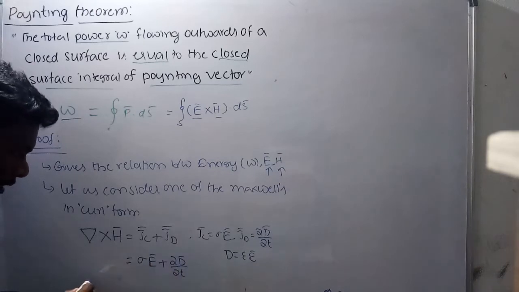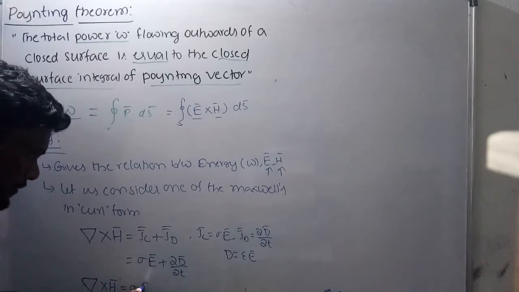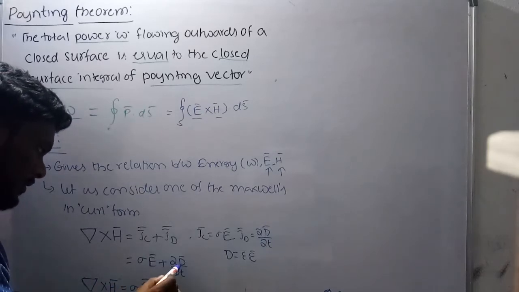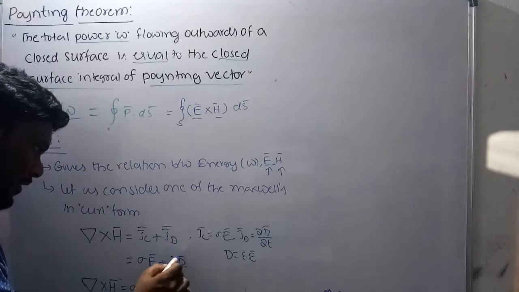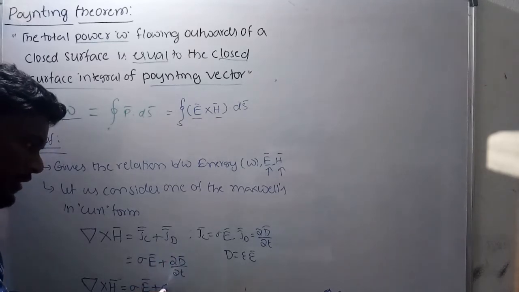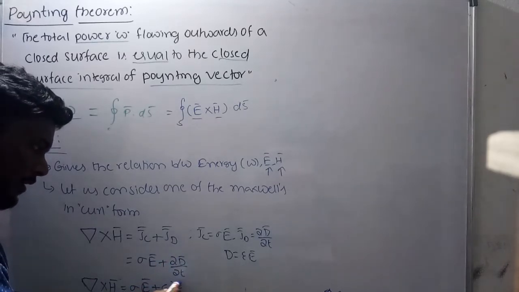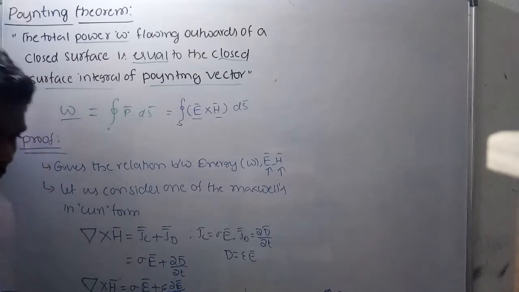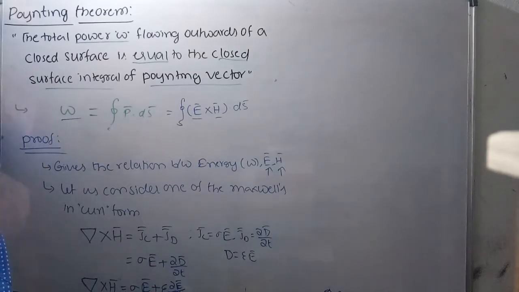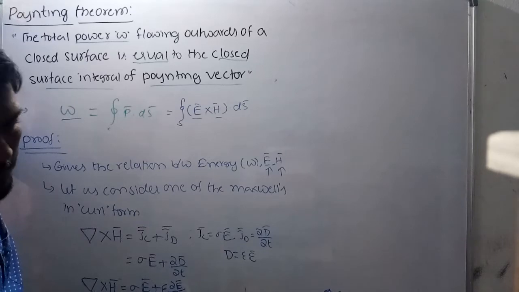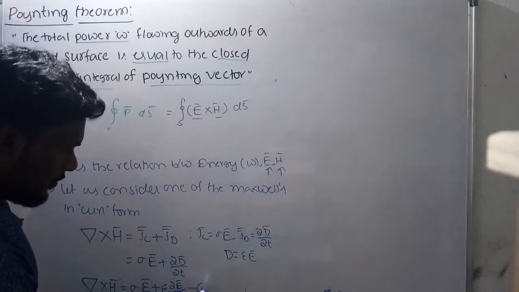If you substitute it here, you get del cross H bar equals sigma times E bar plus epsilon times dou E bar by dou T, since epsilon is a constant and E bar is a vector. Consider it as equation number 1.